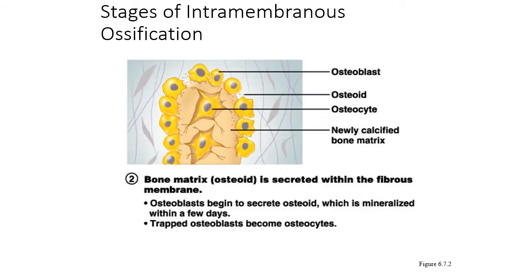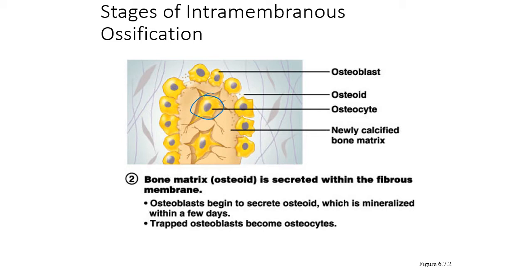As that osteoid then becomes mineralized and becomes hardened, any osteoblasts that get trapped inside become osteocytes, so they become the mature bone cells that are inside there. And in a sense, we're starting out with kind of a solid bone. So the bone itself is all a compact bone style of bone.